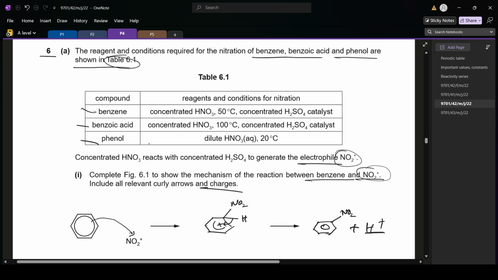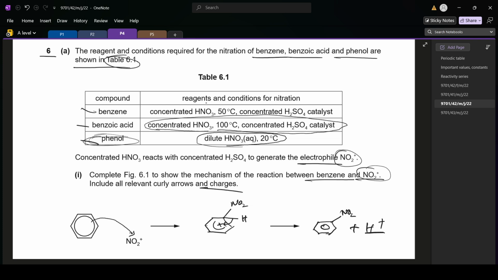If you see, phenol does not require concentrated nitric acid. It only requires dilute nitric acid and a very low temperature, 20 degrees Celsius. Benzoic acid requires concentrated sulfuric acid and has extreme conditions, using a higher temperature.